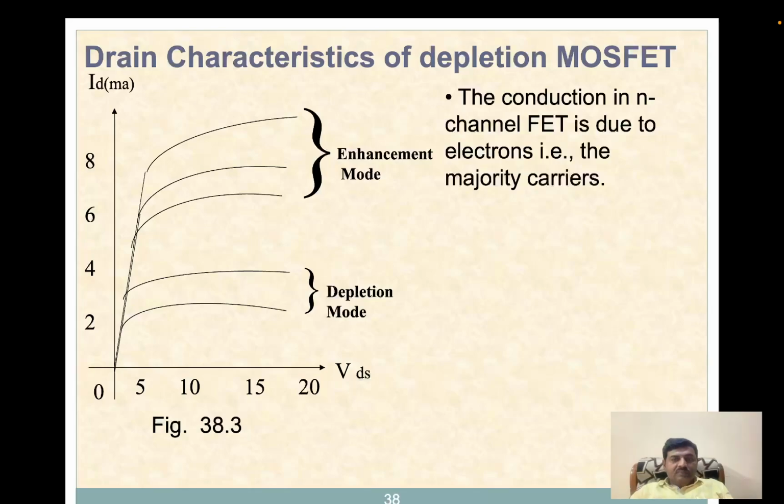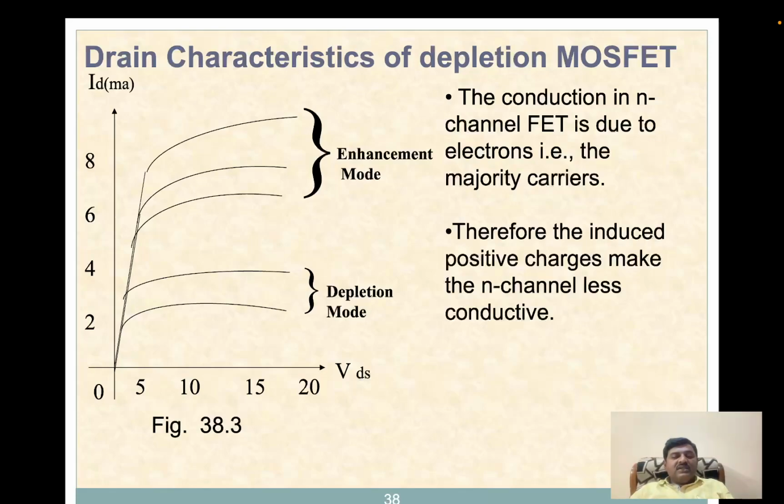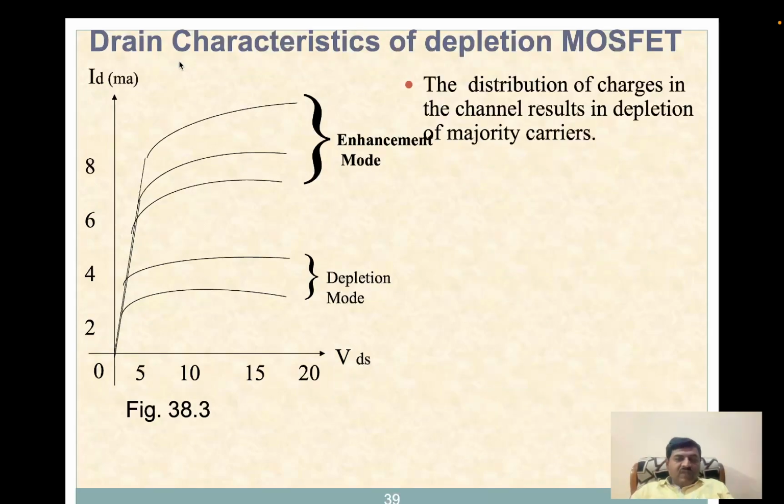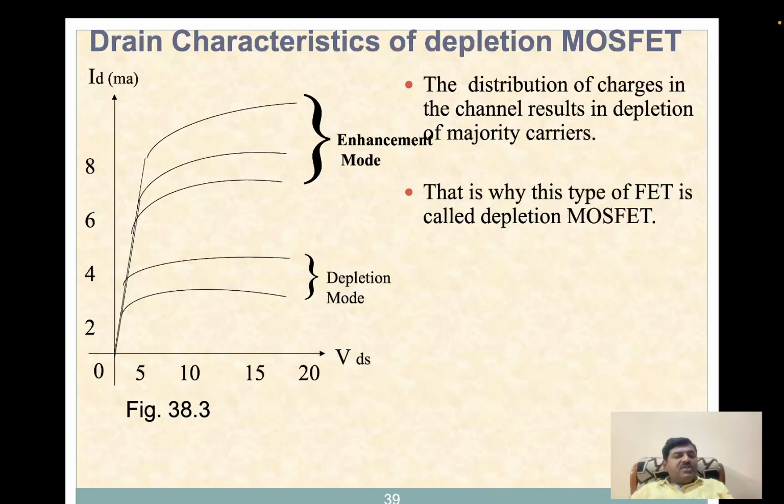Next, the conduction in an N channel FET is due to the electrons, that is the majority carriers. So the induced positive charges make the N channel less conductive. The drain current therefore gets reduced with the increase in the gate bias voltage. So the distribution of the charge in the channel results in the depletion of the majority carriers.